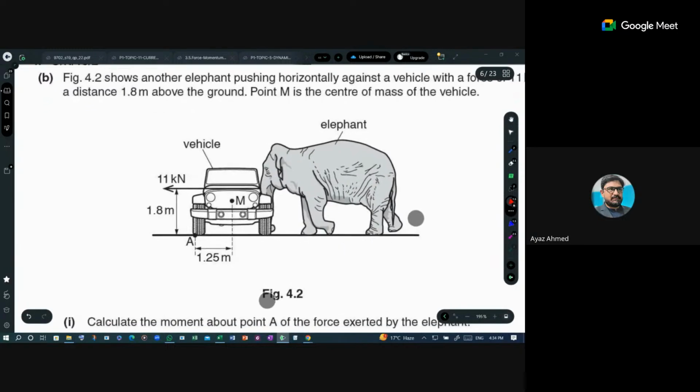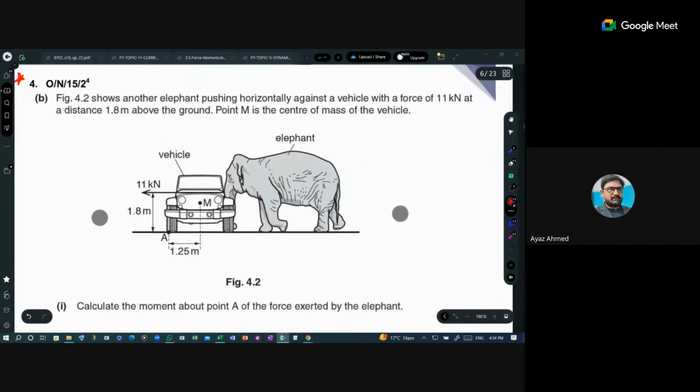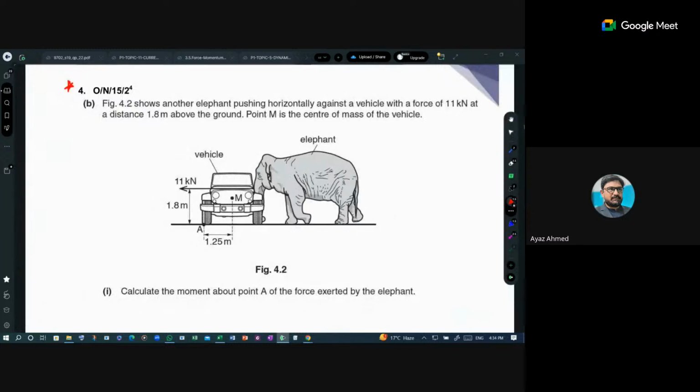This question shows that figure 4.2 shows two elephants pushing horizontally against a vehicle with a force of 11 kilonewton at a distance of 1.8 meter above the ground. Point M is the center of mass of the vehicle.